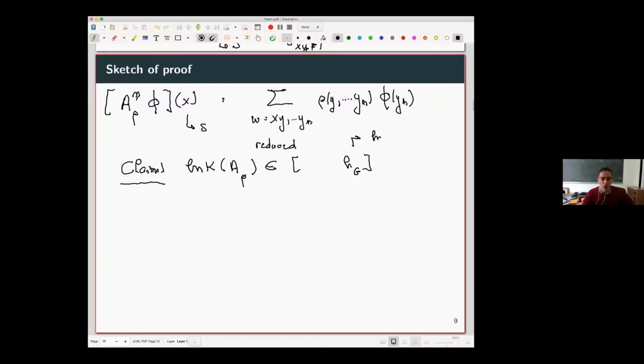So this is log 3, and this is larger than hn. So in particular, if you remember, our goal is to prove that the quotient is amenable when hn equals hg. So reformulated in view of that claim, our goal will be to prove that if the spectral radius of this operator A rho equals 3 here, then the quotient is amenable.